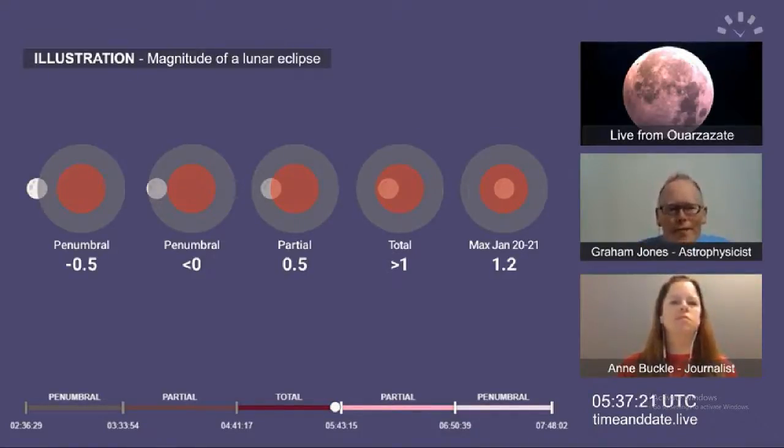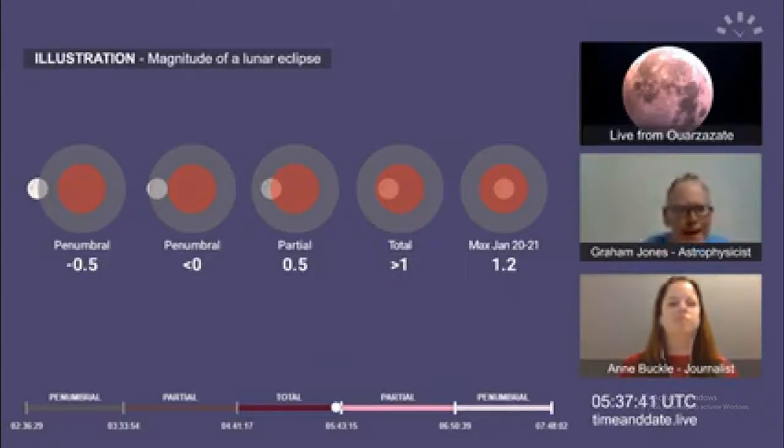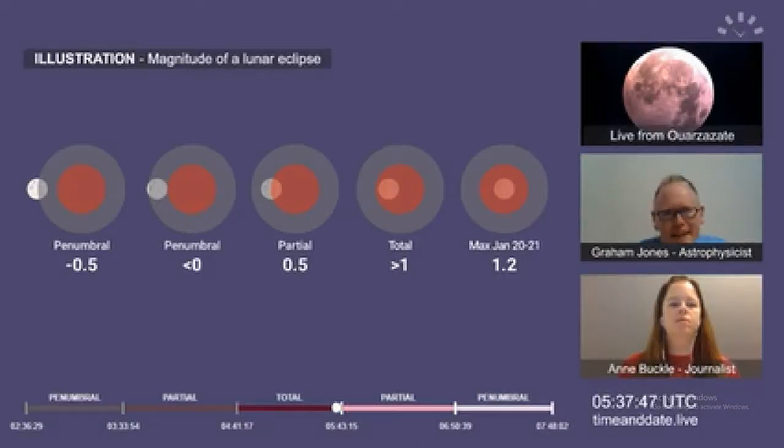Now, when the moon just starts to enter that dark inner part of the Earth's shadow, this is picture number 2 as we come across from the left of the screen, as the penumbral eclipse turns into a partial eclipse. As the moon starts to enter that dark red circle, this is zero magnitude.